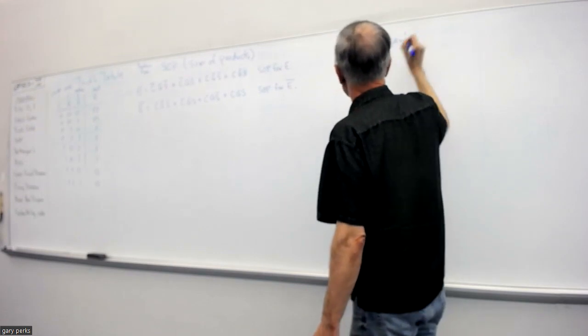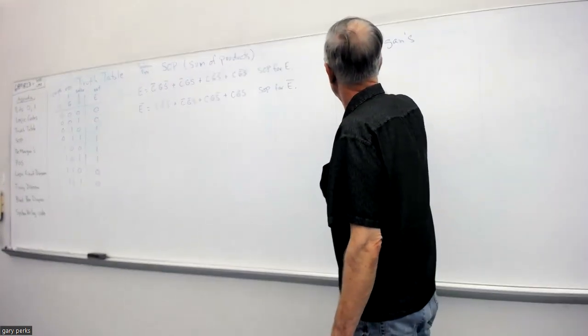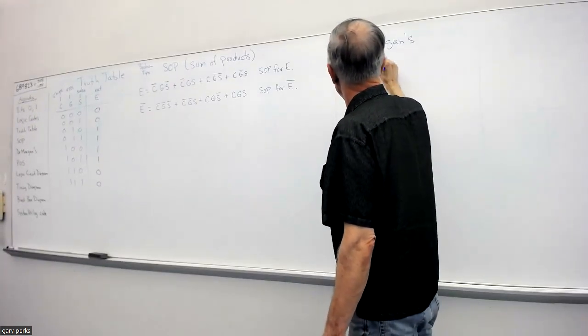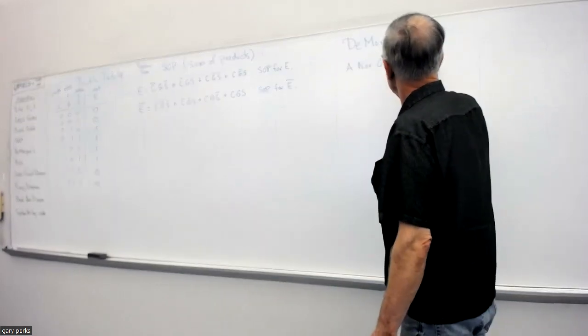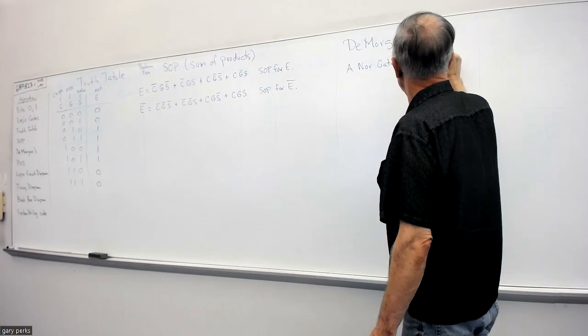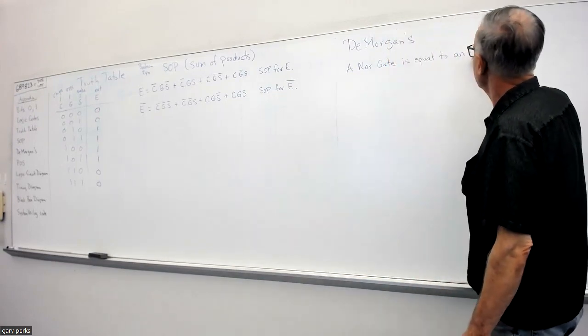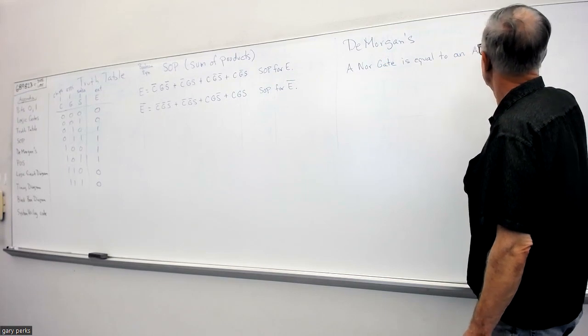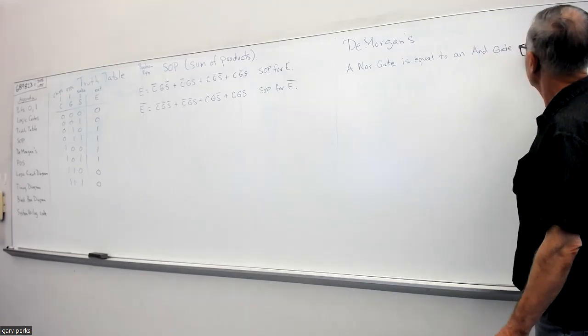There's two parts to De Morgan's. One part is a NOR gate is equal to an AND gate with inverted inputs.